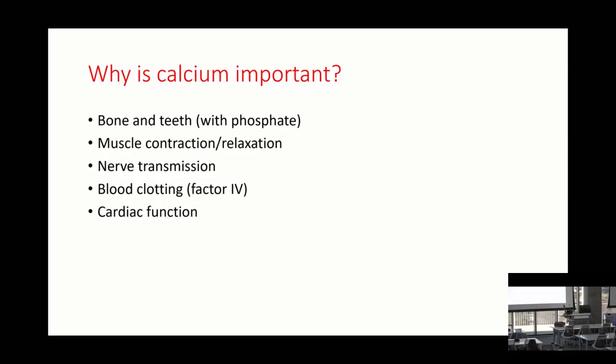Cardiac function, in line with muscle contraction and nerve transmission. And then you also have hormonal release. For most peptide hormones released from secretory granules, like insulin, depolarization leads to an influx of calcium, which leads to the release of the stored hormone from the vesicles.